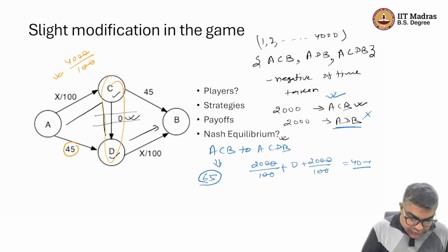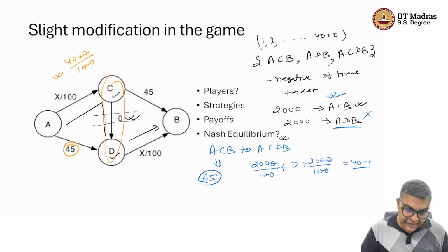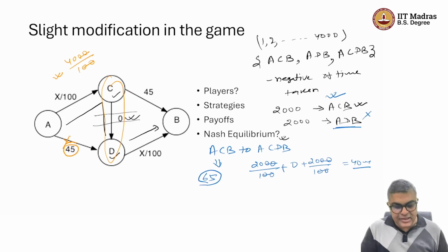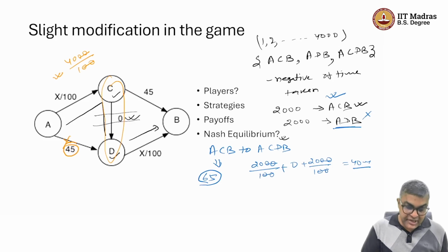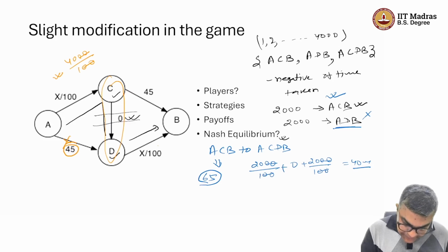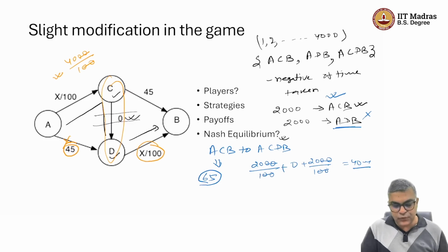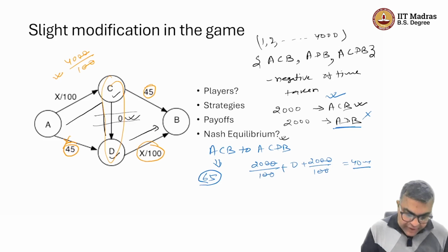So this is 45 minutes, which is more than 40 minutes. So no one is going to take this path. Everyone will prefer AC to AD, because literally by taking AC they reach the same point. And same here, if everyone is taking this path, they take 40 minutes and this is 45 minutes. So going from D to B takes much less time than going from C to B. So now there is only one Nash equilibrium in which all drivers are following ACDB.